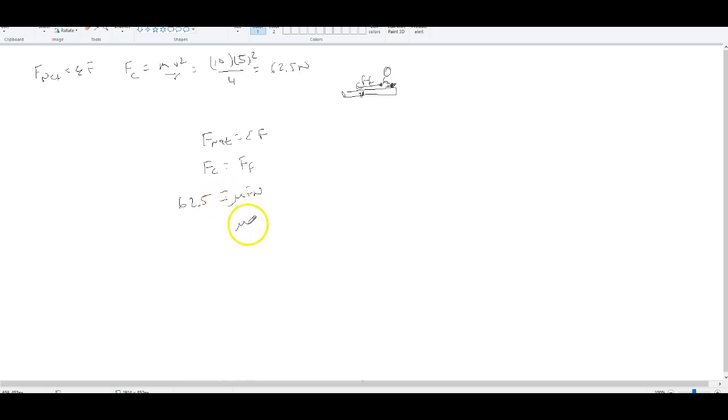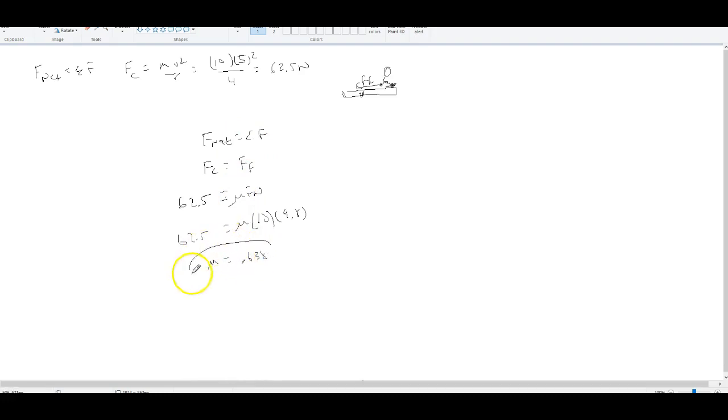I don't know what mu is, but I do know force normal, since it's on a horizontal surface, is equal to his weight. How hard he pushes down is how hard he gets pushed up. That's going to be 10 times 9.8 equals 98. So his minimum static mu, because he's not moving, is 62.5 divided by 98, and I get a whopping minimum mu static of 0.638.